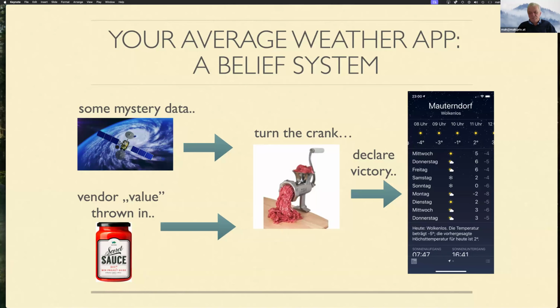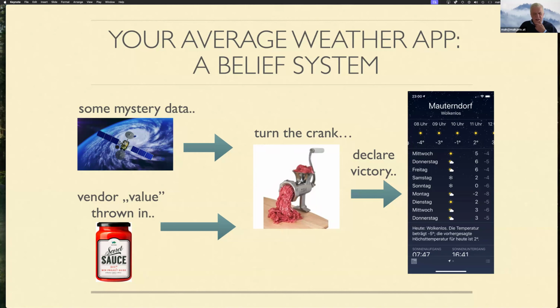Now, you can believe that or not. It turns out the mystery data is mostly the forecast from the US weather model, global forecasting system, because that's the oldest and that's been available for free for the longest time. It is also one of the worst available. So results are mixed. You can believe that or not.